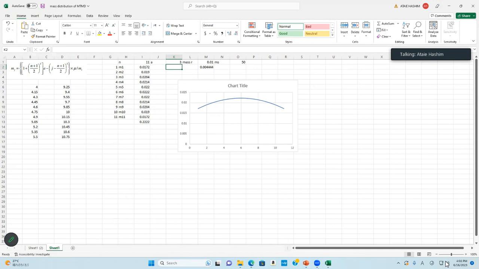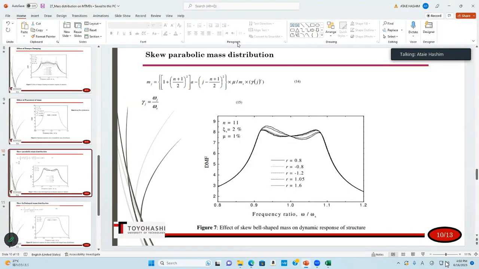So in this modified formula, gamma is the ratio of each TMD frequency to the frequency of the main system, and the exponent R can be any number, positive or negative. If it is positive, the right side comes down and the left side goes up.